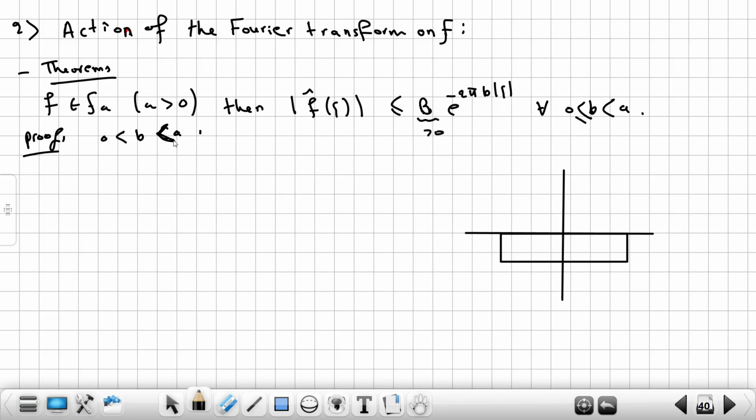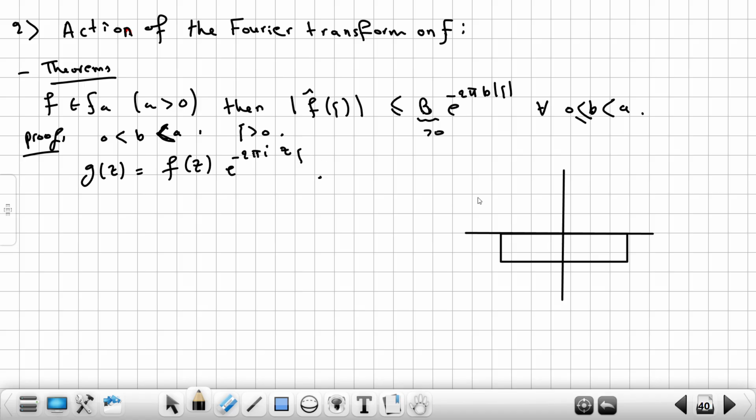Now, also assume for the first part of the proof that psi is positive. Consider the following function g of z equal to f of z e to the power minus 2 pi i z psi.